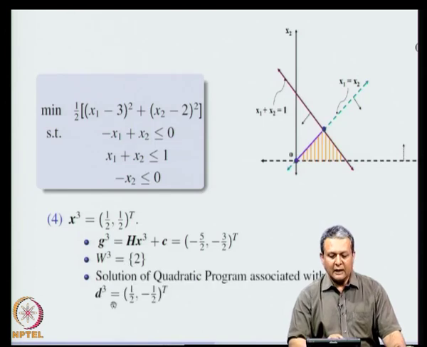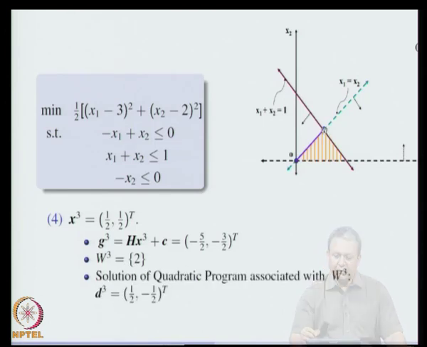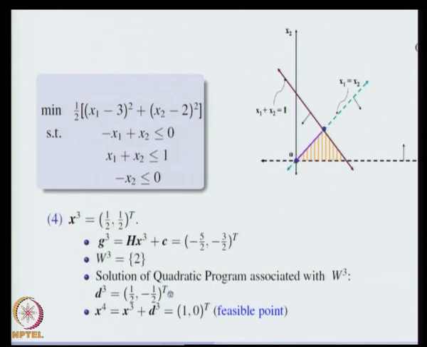It turns out that that direction is this direction, and if we set alpha equal to 1, then x3 plus d3 will give us 1 comma 0, and that is the point x4, and that point is shown here.